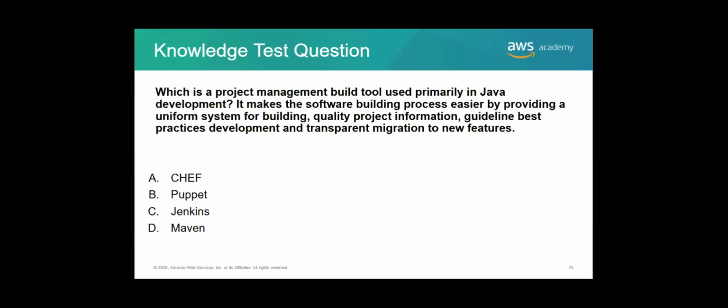Please go through it, I have given a hint there when I was teaching. Puppet? Think about this one. Which tool I told you will be helpful for Java? Maven. Okay, fine.